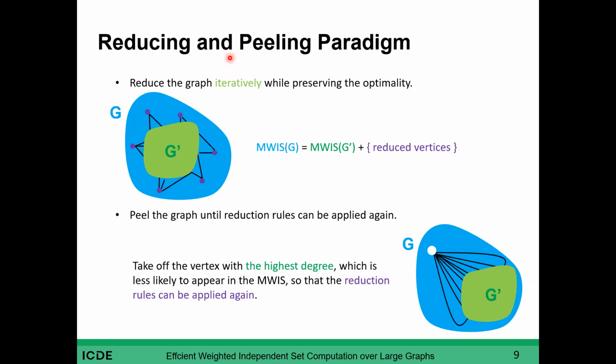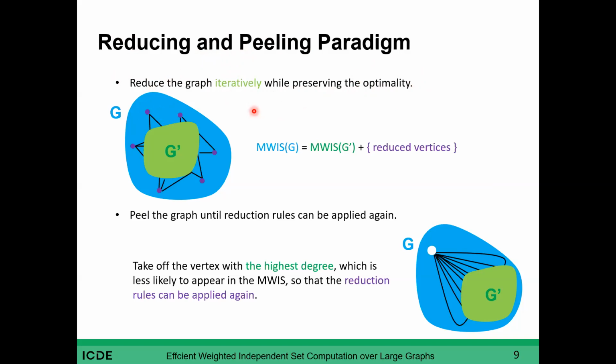In the process of reducing, certain vertices can be removed accordingly via the reduction rules, and this transformation retains its optimality. In other words, owing to these rules, we can determine whether some vertices should be included or not.